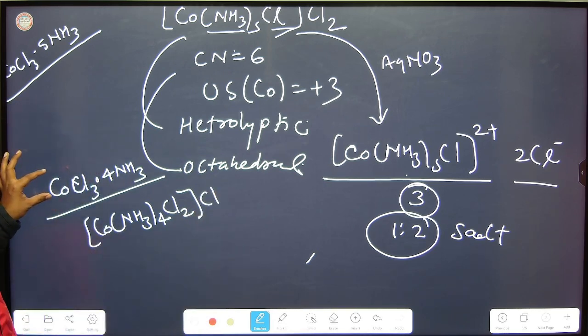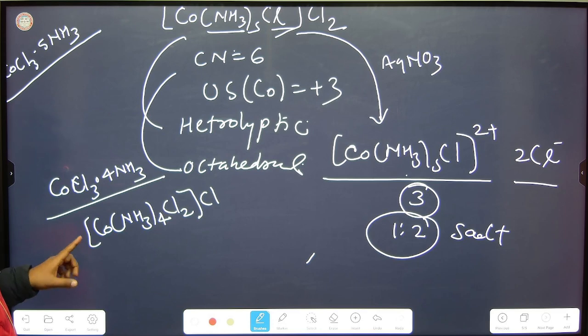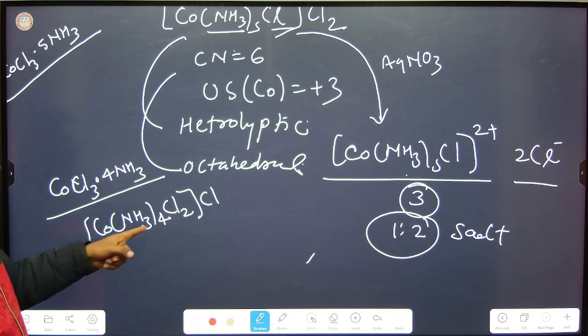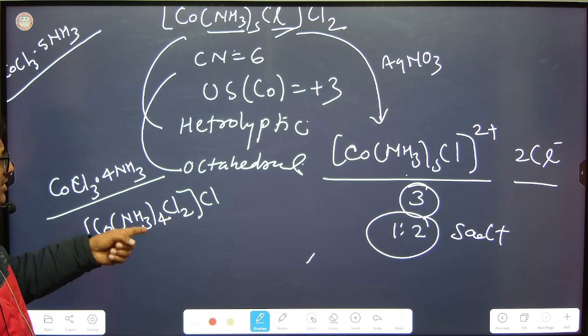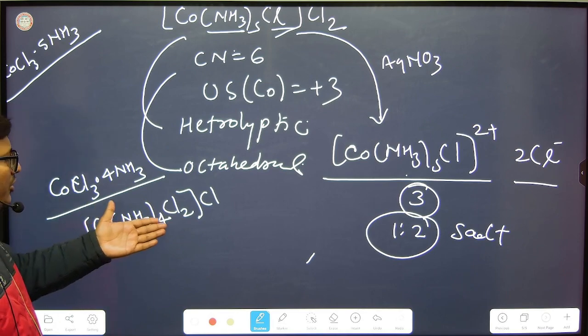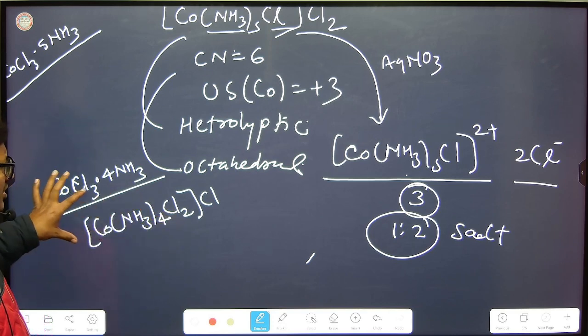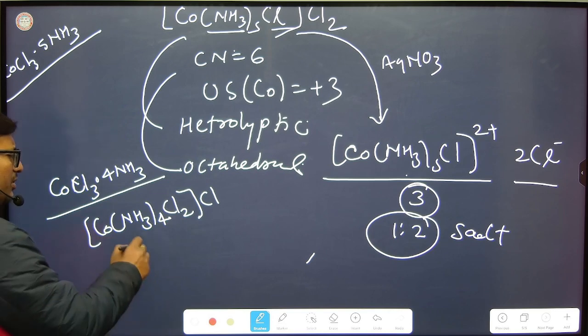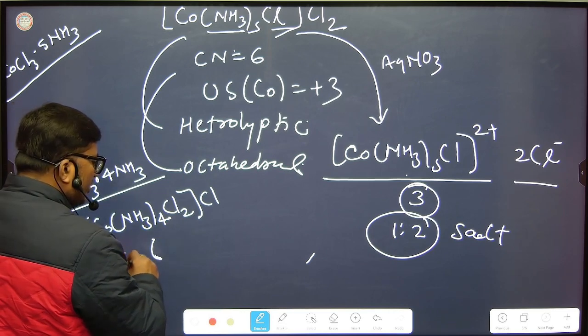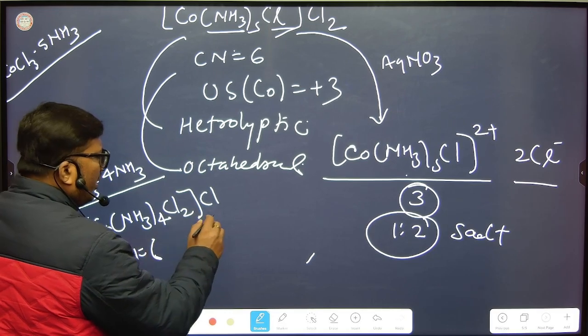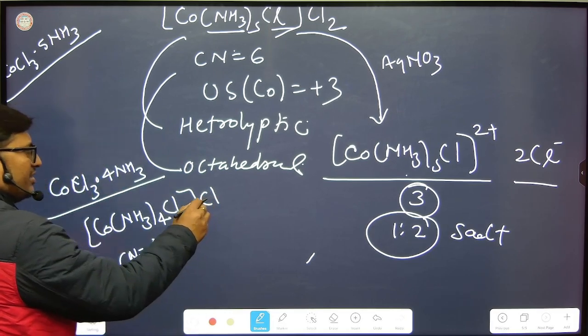So from this chemical adduct, he has established the structure of the complex compound like that, and it indicates that 4 ammonia molecules and 2 chloride ions are present in the coordination sphere, indicating a total coordination number of 6, and Cl exists as Cl minus.